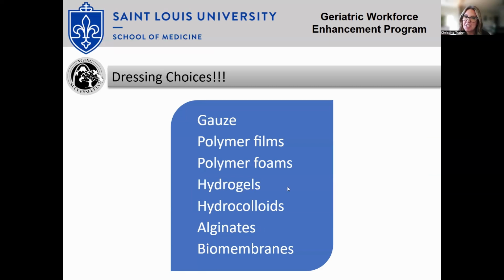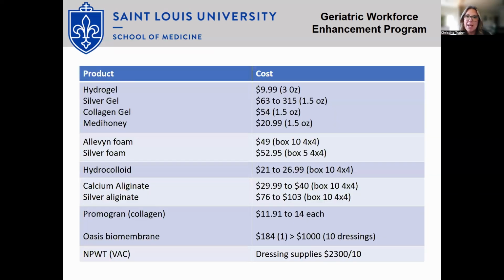Again, lots of different dressing choices. I'm not going to go through those in much depth, but again, try to pick them based on moisture. And again, one more time, just overall costs. Companies like to put all sorts of things in their dressings to make them more costly, and I don't know that they really are much more helpful.